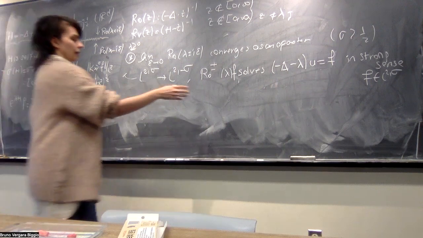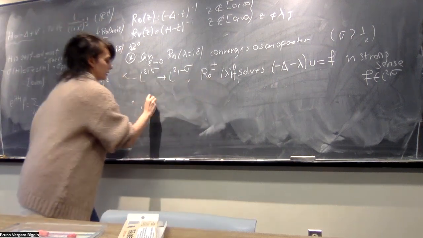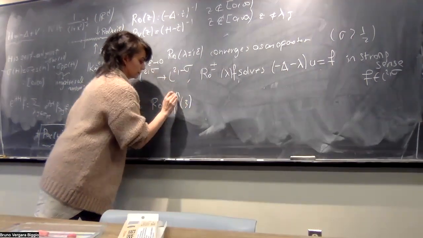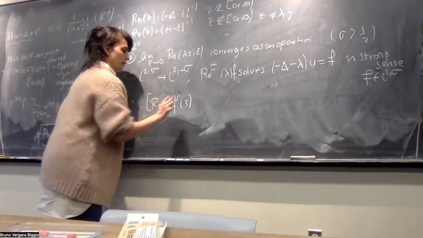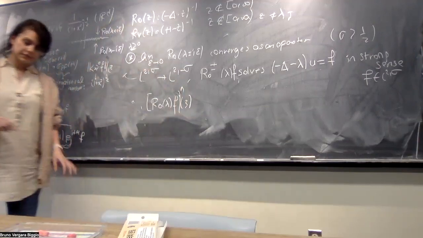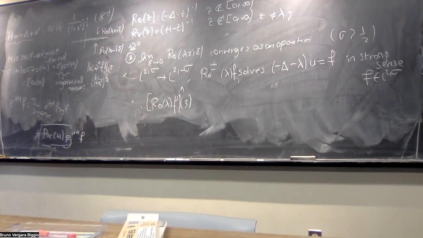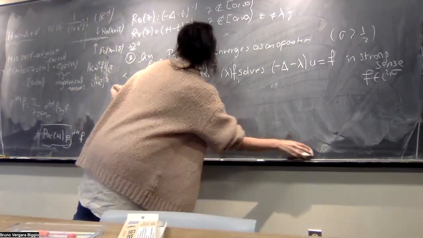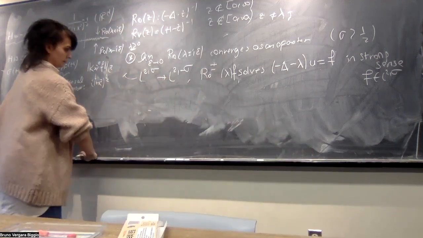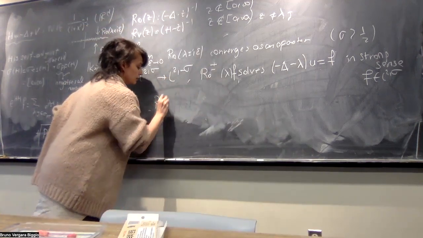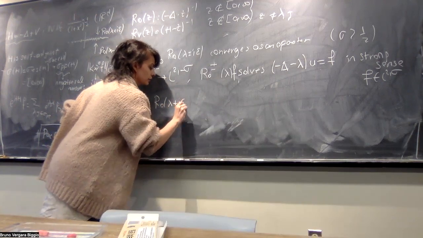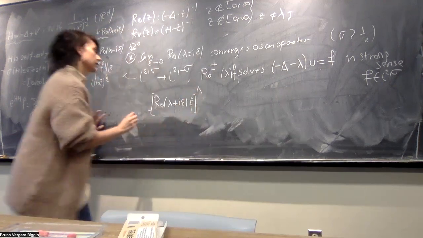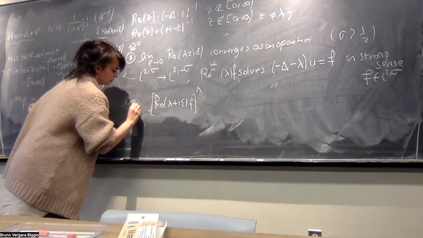So where it comes from is I'm gonna take the Fourier transform of all these. So this is gonna be a big representation of everything. Then I will have R_0(lambda plus i epsilon) inverse, and I'm gonna take my limit as epsilon goes to 0.